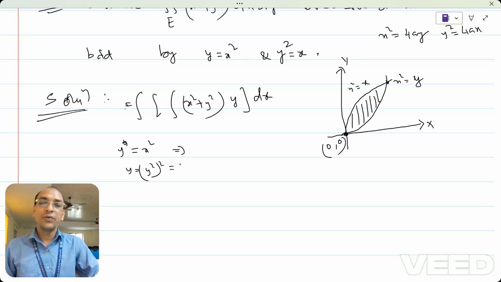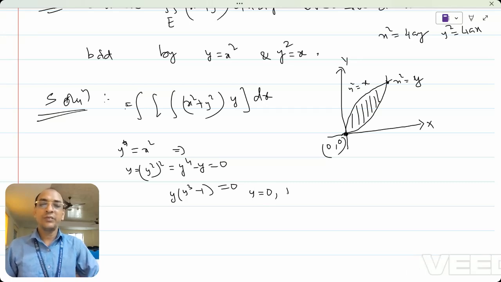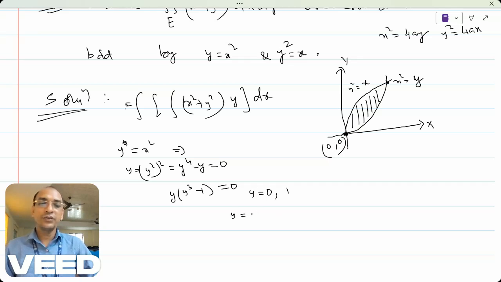That means y to the power 4 minus y equal to 0, so y is common: y(y cube minus 1) equal to 0. So y may be 0 or y may be 1. If I put y equal to 0, x will be 0. If I put y equal to 1, x will be 1.